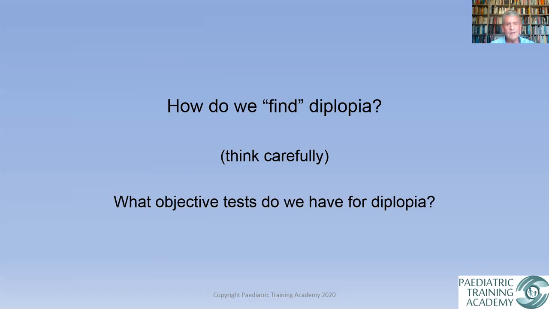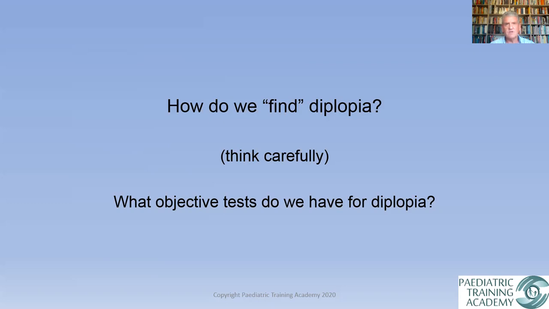In other words, what objective tests do we have for diplopia? When I first started thinking about doing this presentation, I thought I understood diplopia a little bit, but soon realized that in fact, I don't know if I do, because I said to myself, if a patient does not tell me they have double vision, how am I going to find it? And after a month or two of thinking about it and discussing this with others, I've decided that I don't think I know how to do that.